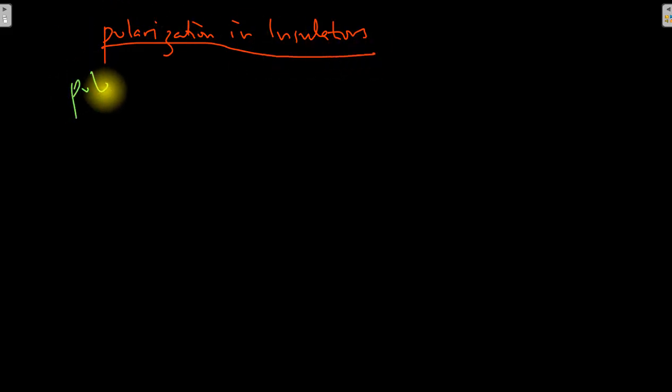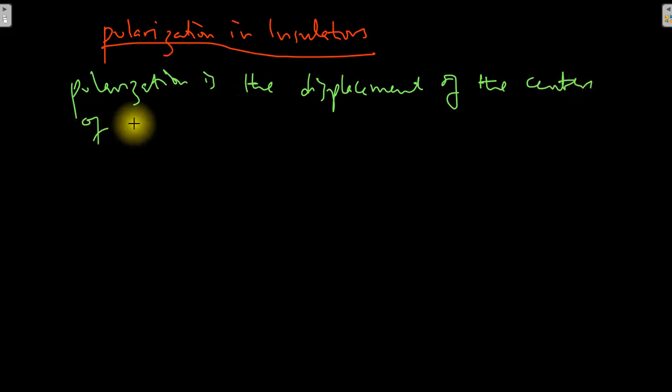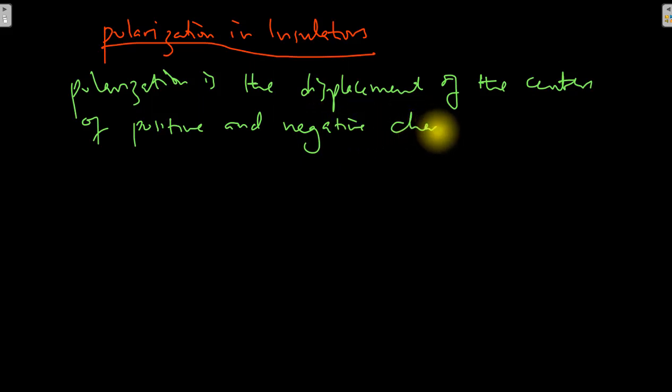So polarization is the displacement of the centers of positive and negative charges, the displacement of the positive and negative charges in an atom when placed in an electric field.